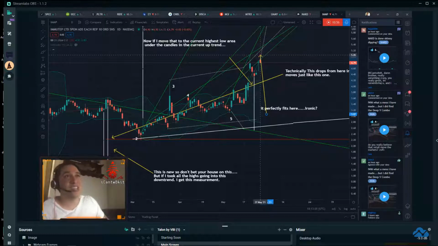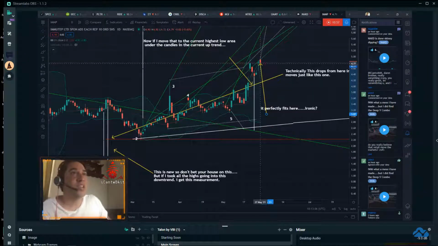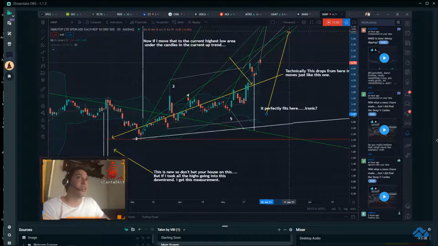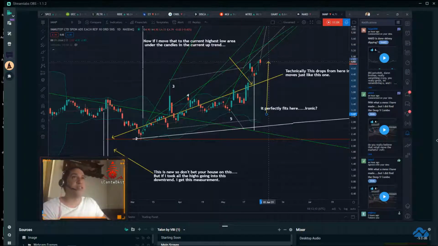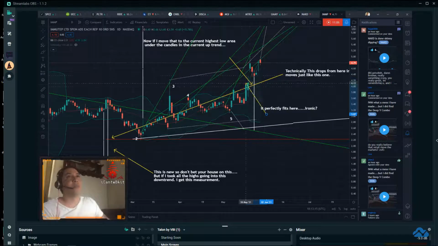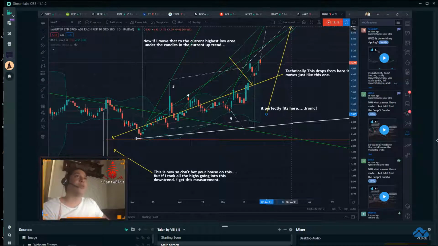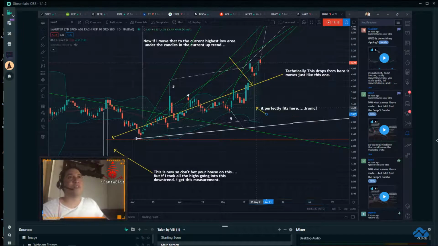So technically it should create another cup and handle, and it can actually just spur off into another 3 runs if it wants to. So 1, back, 2, back, 3, back, cup and handle, 1, back, 2, back, 3, back, cup and handle, and then it can come crashing down, and basically it'll make like a pyramid shape.